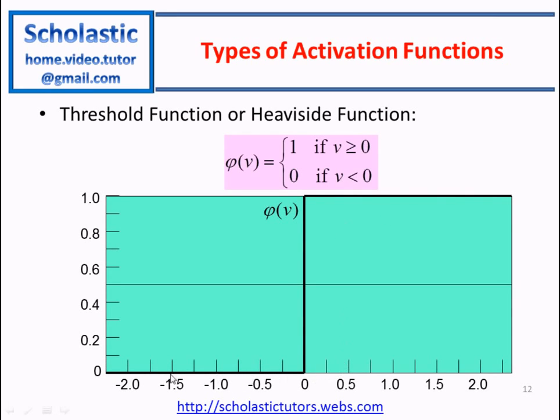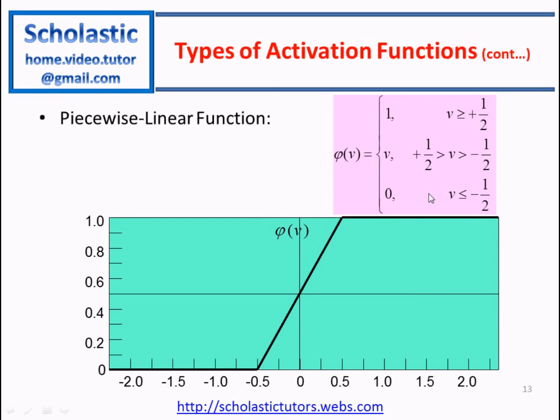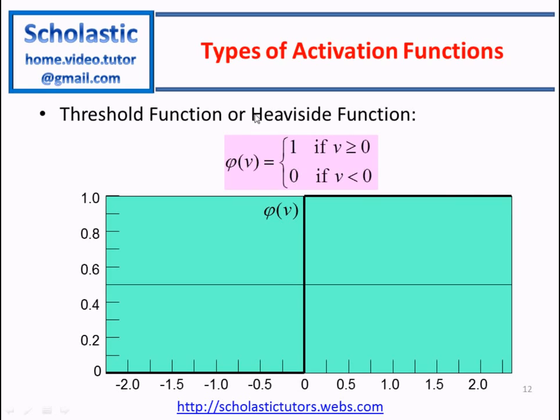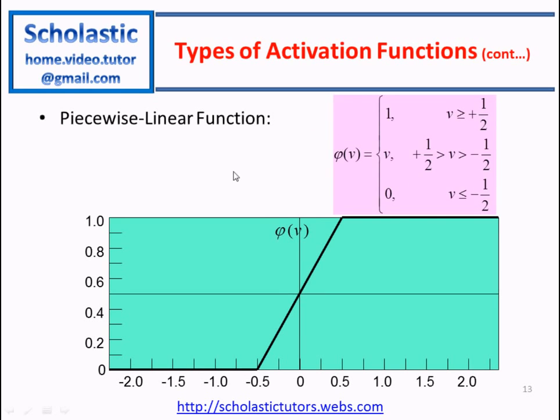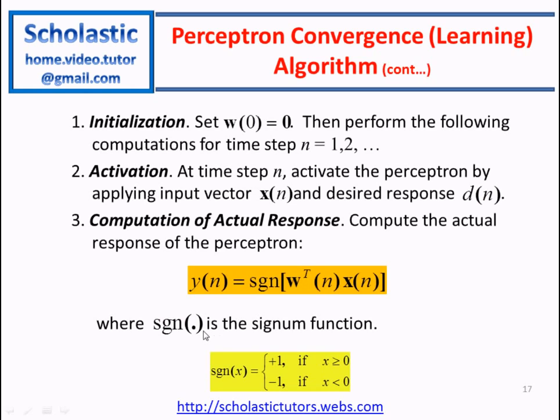When the function input is 0, it was 0. When the input is positive, it is positive 1. But the signum function is a little different from the sigmoid function, and also a little different from the Heaviside function. This is a piecewise linear function. The signum function is positive 1 if x is greater than 0, and negative 1 if it is less than 0.